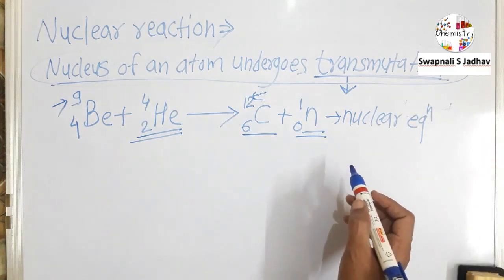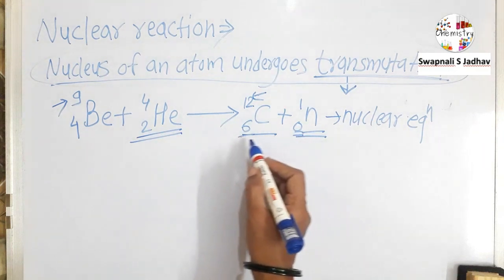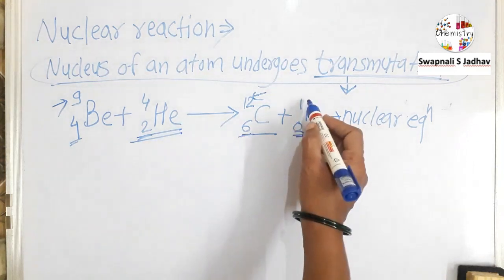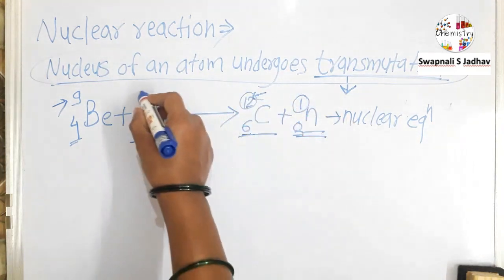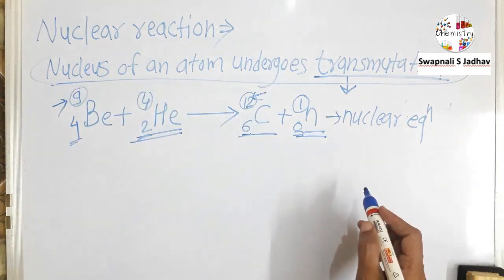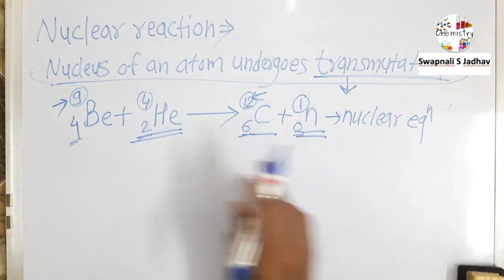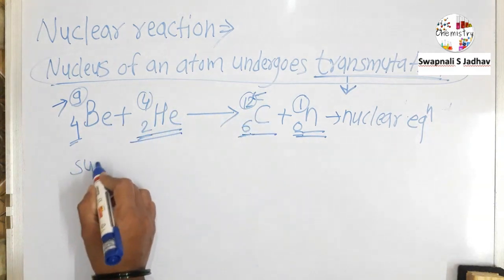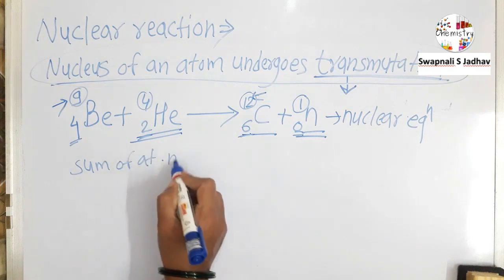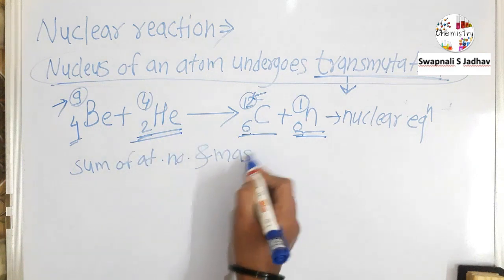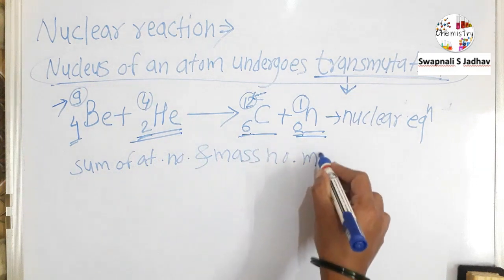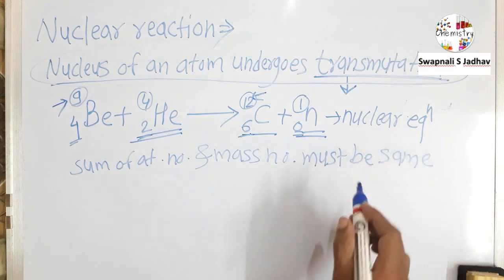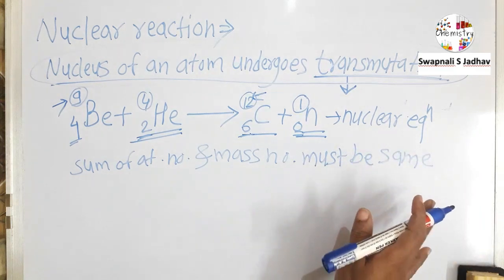Okay, here the subscripts indicate what? Atomic number or mass number? Atomic number. And the superscript indicates the mass number. So on both sides of the nuclear equation, the sum of atomic number and mass number must be the same.